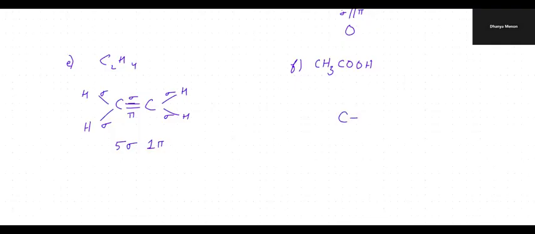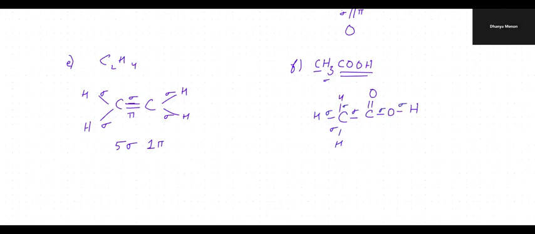Okay, then for acetic acid, this is the acid group. Okay, you will learn in grade 12 about the acid. Okay, acid, aldehyde, etc. So this is the acid. In acid, this is a structure COOH. Okay, and this carbon is connected to the 3 hydrogen atoms. Okay, so if there's a single bond, sigma bond, all sigma bonds here.